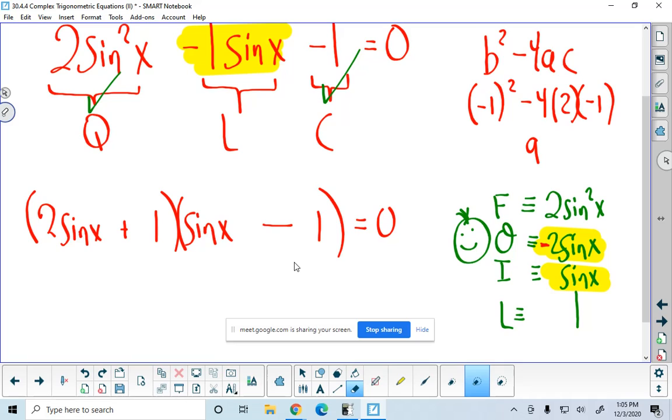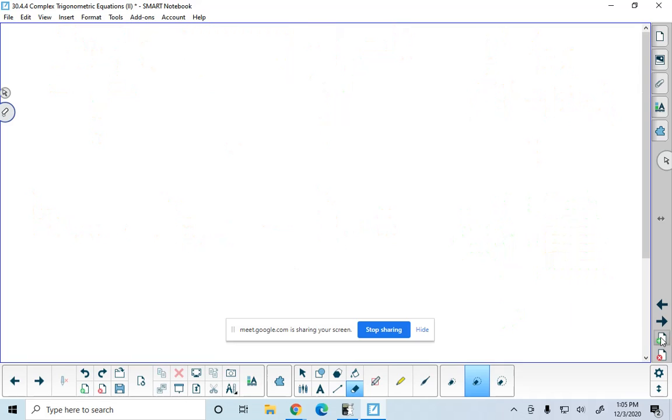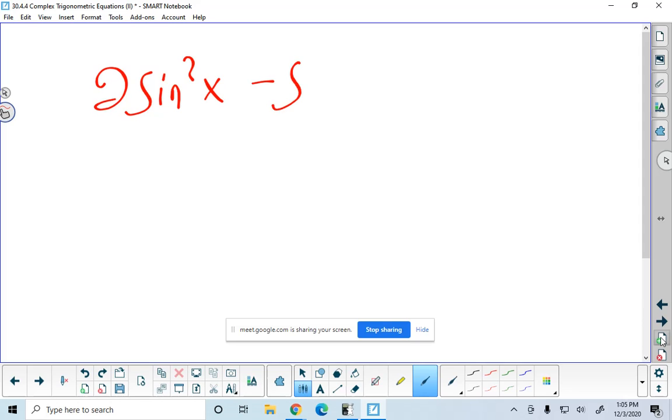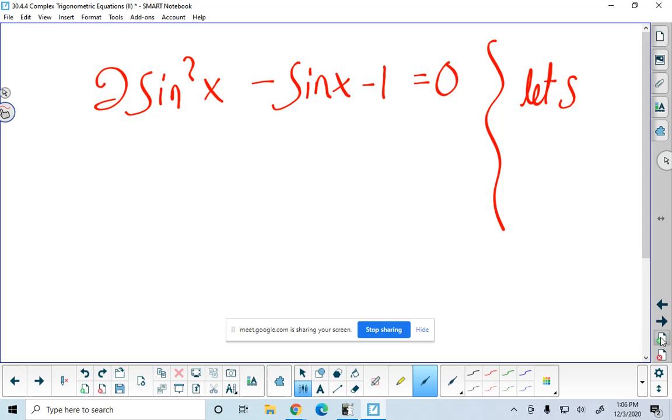So the other alternative is to do the following. We had, so if you are at all confused with this factoring, you're going to have to do the following. 2 sine squared x minus sine x minus 1 equals 0. And what you're going to do is you're going to let sine x equal something.